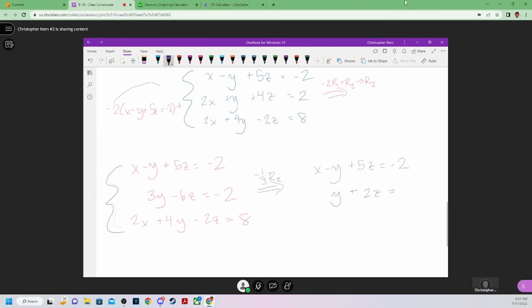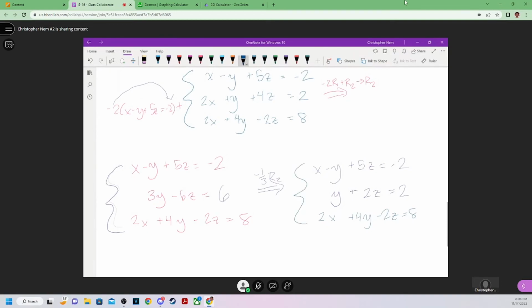I did negative 2 times negative 2, that's positive 4, plus 2, that's 6. This should have been a 6. Apologize for that, that should have been a 6. Plus 2. And then this is going to be 2x plus 4y minus 2z equals 8.